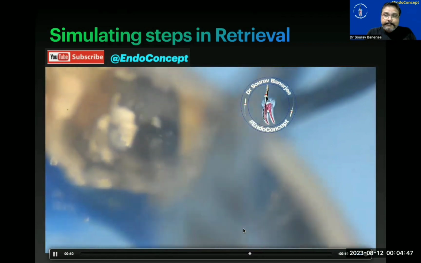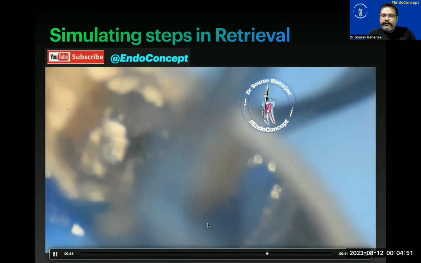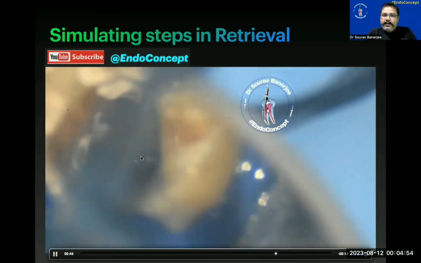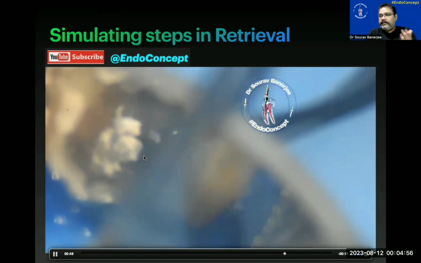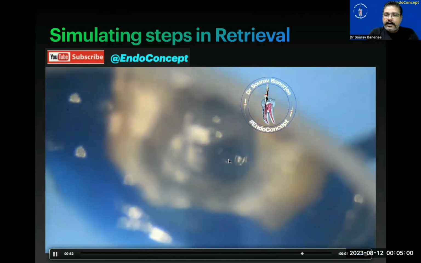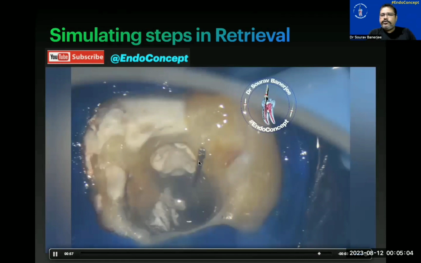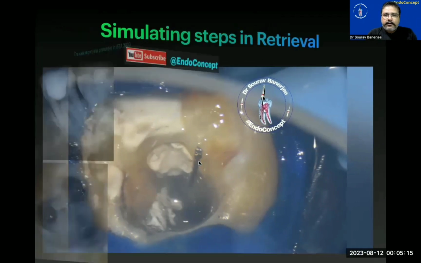You have to see specifically that you are working on the inner wall. Once we have done that, we place a tip there and activate in the presence of EDTA or silicone oil, and you can see the instrument has popped up in the canal. Just by simple irrigation, the instrument will float up and can be easily located in the chamber.